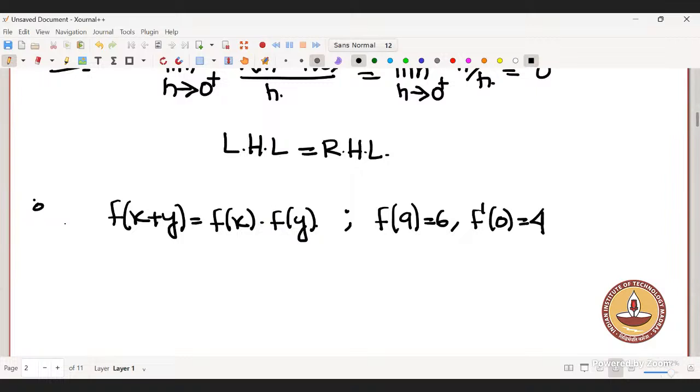Then f dash of 9 is what is the question. So these are the things that the function satisfies, and you need to find f dash of 9, right?